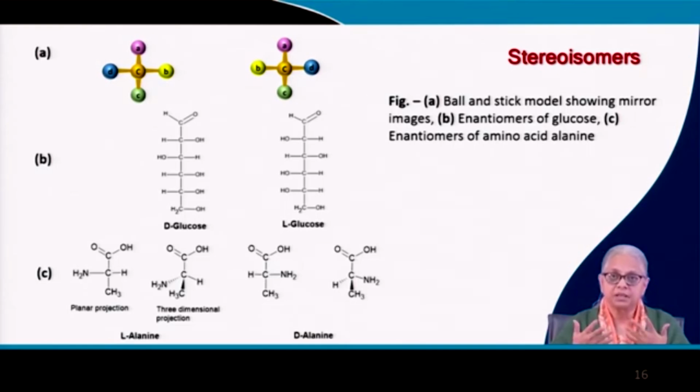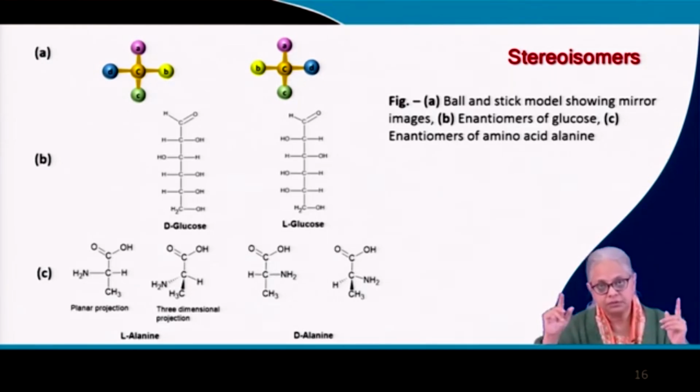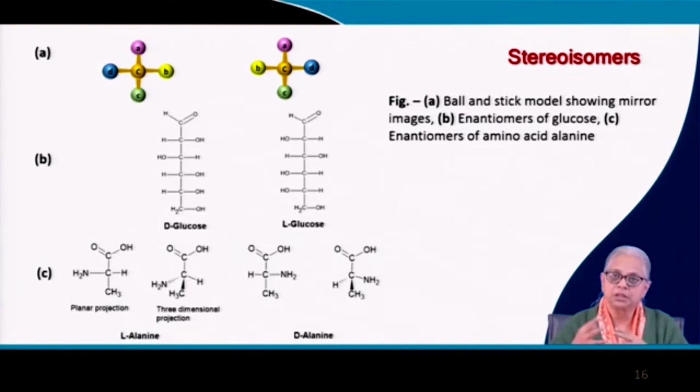These sweeteners give the same sweet taste to the mouth, but because they are bypassing the digestive system, the body does not have the ability to digest an L glucose molecule. So the taste satisfaction is there, but the sugar is not ingested or rather digested by the human being. So that is one example of a stereoisomer not being utilized.